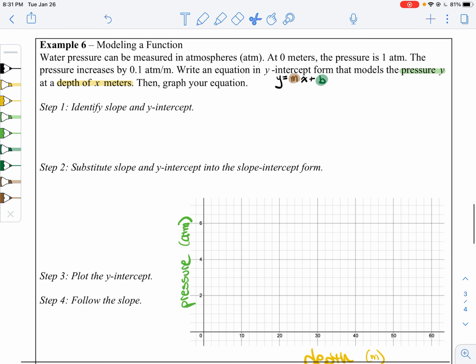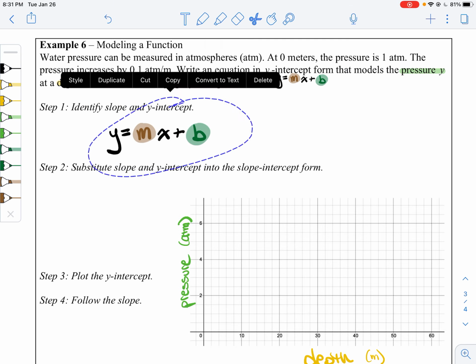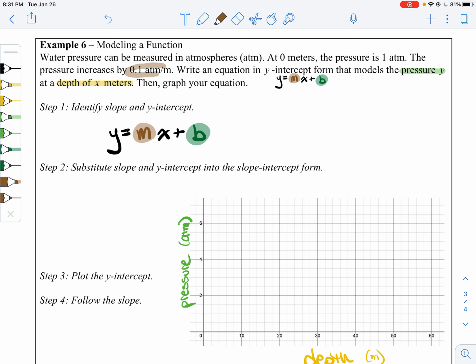Okay. Well, what do we know? We need to figure out what our slope and our y-intercept are. Well, slope is how much it changes. They told us that right here: atmospheres per meter. And check it out, we've got our units up here too. Remember, our y unit is atmospheres and our x unit is meters.